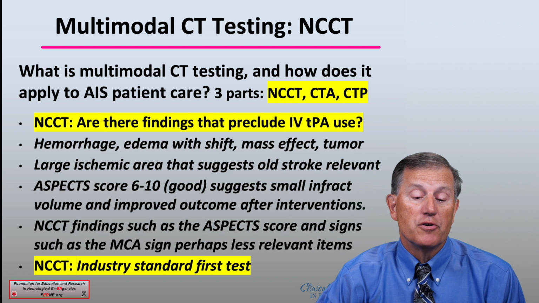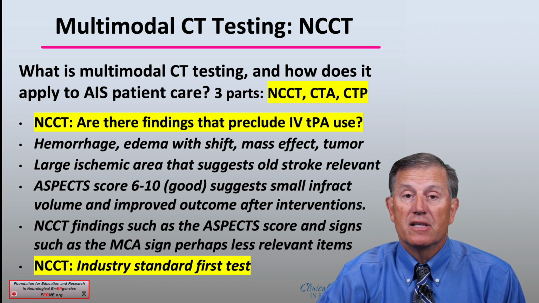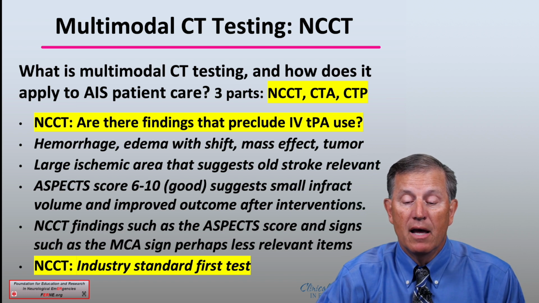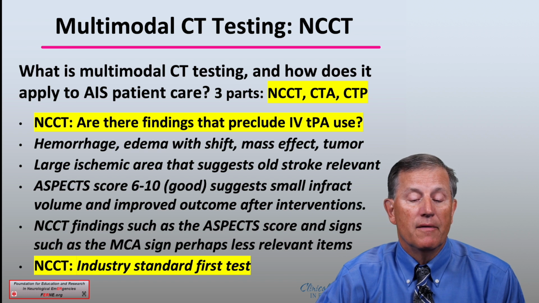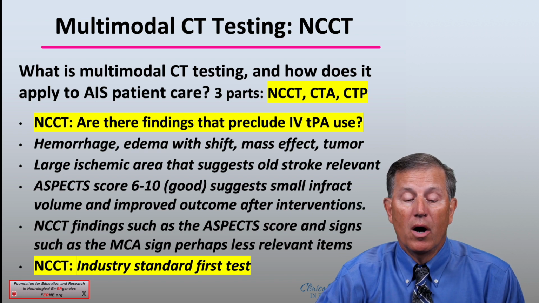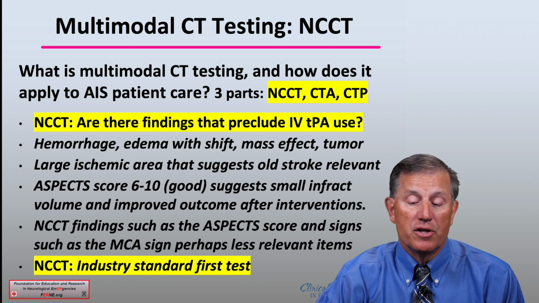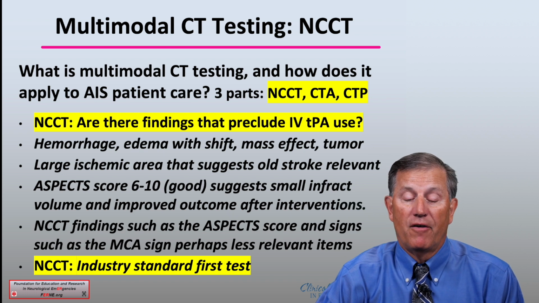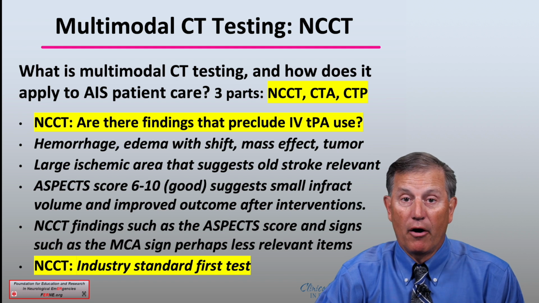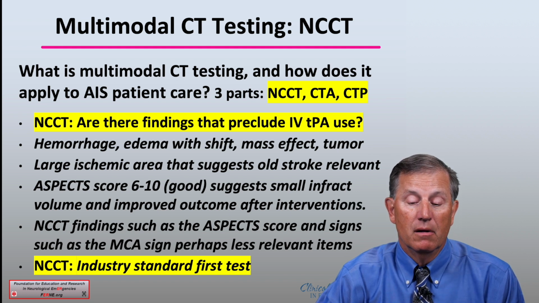Or is there a large ischemic area that suggests that there is an old stroke present at the time of this evaluation? The ASPECT score, if 6 to 10, which is good, suggests a small infarct volume and likely improved outcomes after our acute interventions.